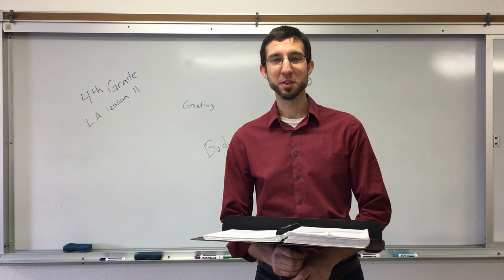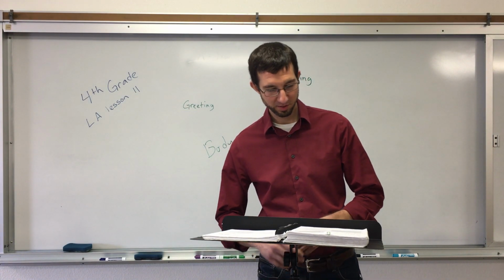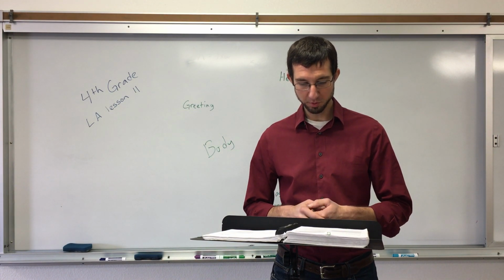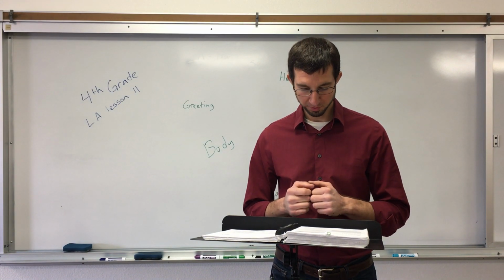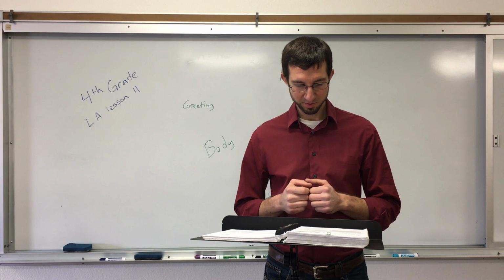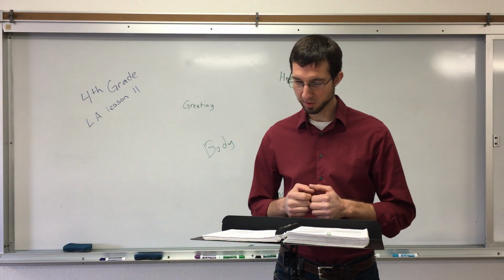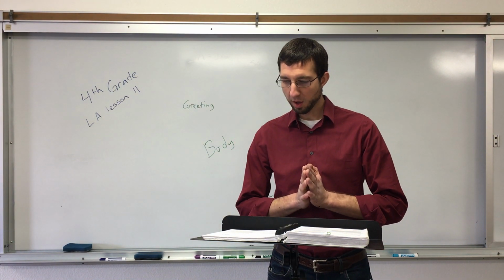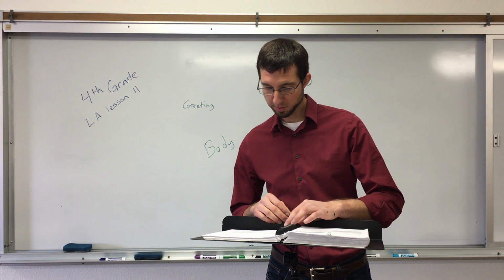All right, your language arts book asks you some questions and asks you to revise a few things in that letter. So do what it says there. Let's talk about a few other things.